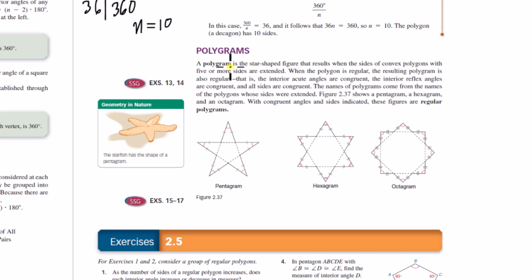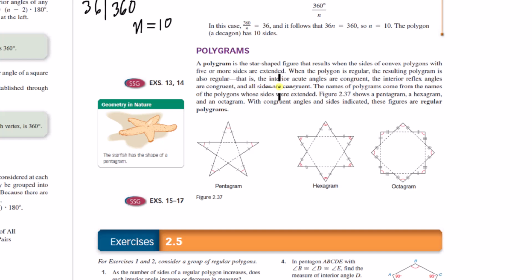Okay, so again, a polygram is the star-shaped figure that results when the sides of convex polygons with 5 or more sides, so not 4 sides or a triangle, are extended. You can't do this with a triangle or a quadrilateral, but with a pentagon or bigger, those sides are extended. So when the polygon is regular, the resulting polygram is also regular.